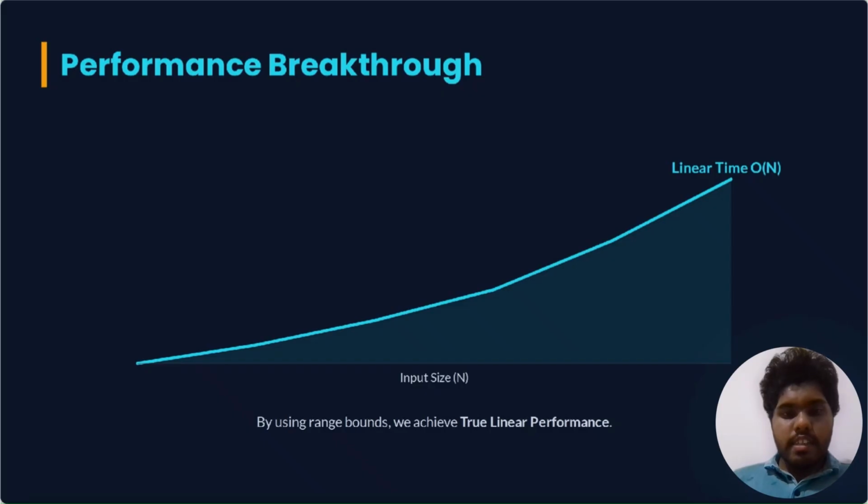Look at this chart. By using range bounds, we move from O(n^2) down to linear time of O(n). We eliminated the redundant scanning.